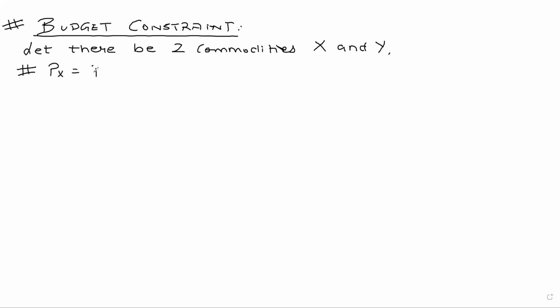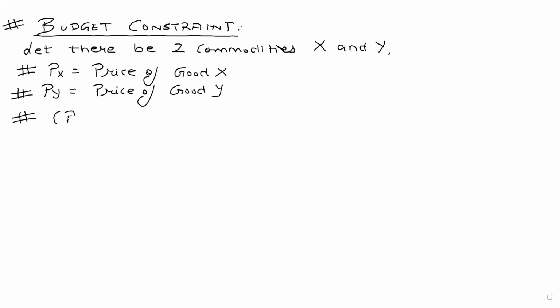Let there be two commodities X and Y. Px is the price of good X. Py is the price of good Y. Px comma Py is my price vector, where Px is the price of good X and Py is the price of good Y.